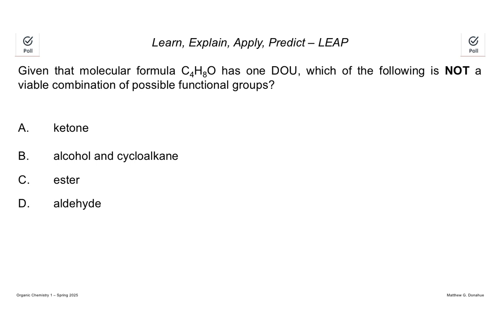So our last slide here before we wrap up, there's 1 degree of unsaturation. Which of the following is not a viable combination of possible functional groups? Ester. Why not? Because it has 2 oxygens.